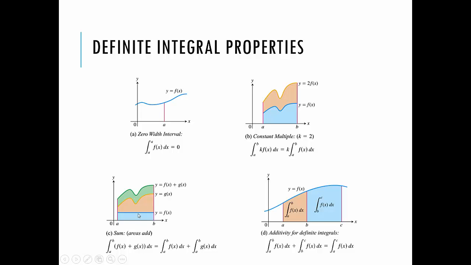If you want to sum two areas, that's all this is saying: I have one area of one function, one of another, and I can add the two areas. And this one's nice because sometimes you might want to break down from a to b and b to c, or of course, as long as this is continuous, you can go all the way from a to c.